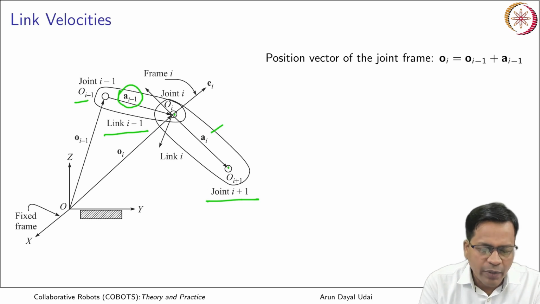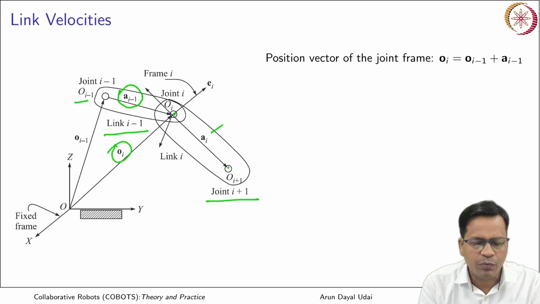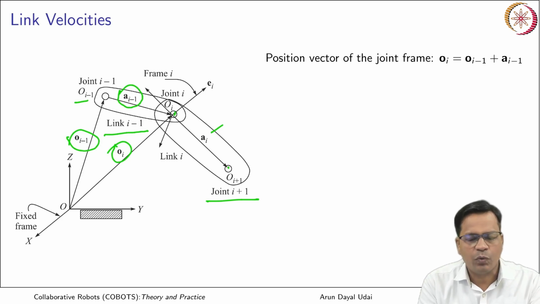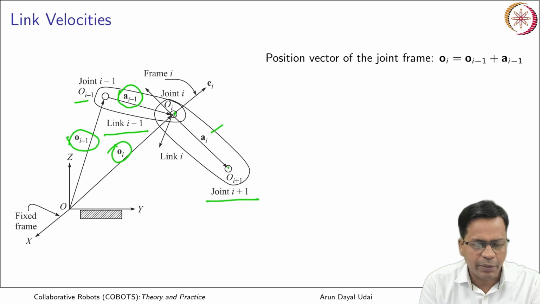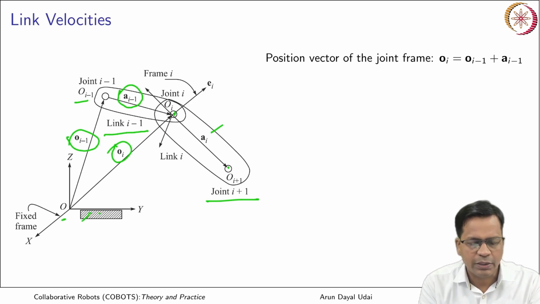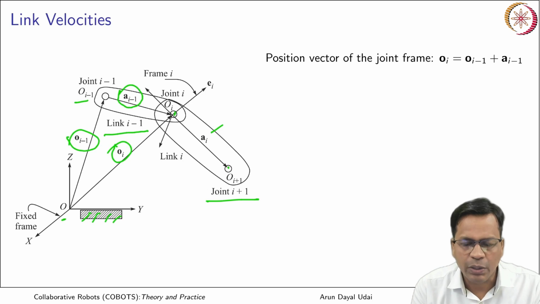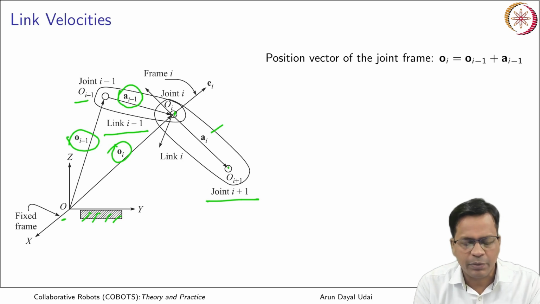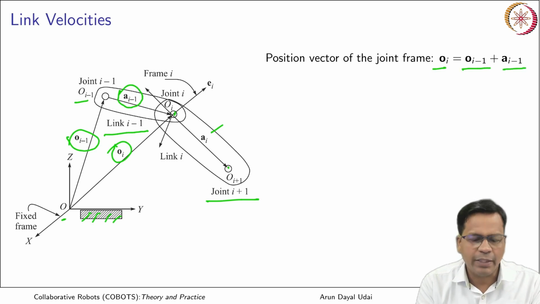Okay. Oi vector is the position vector of Oi frame, Oi minus 1 vector is the position vector of Oi minus 1th frame, okay, with respect to the base frame which is O, which is shown here, that is the fixed frame. Okay. So, the position vector of the joint frame is given as Oi will be equal to Oi minus 1 plus link length vector.